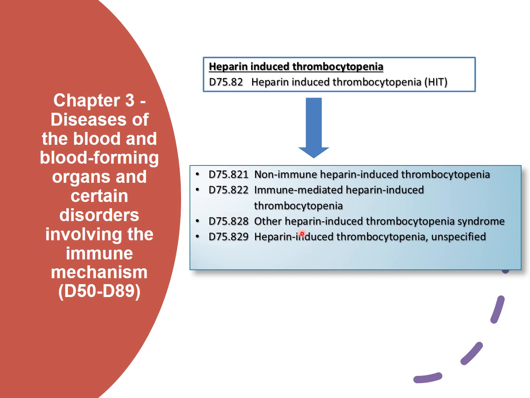D75.828, other heparin-induced thrombocytopenia syndrome. D75.829, heparin-induced thrombocytopenia unspecified. These are the codes. While coding heparin-induced thrombocytopenia in 2023, check the appropriate type and then assign the appropriate diagnosis as per the new guidelines.